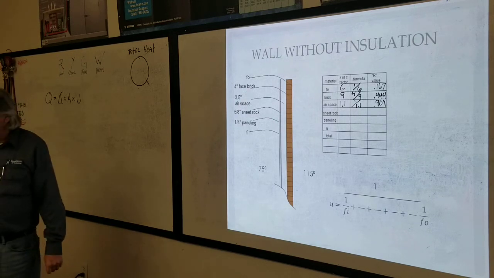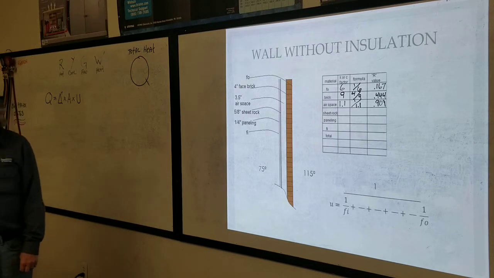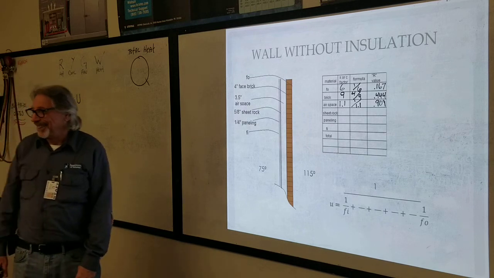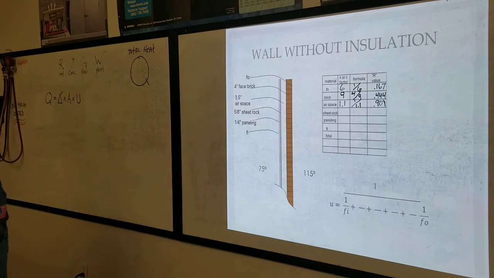That's what sheet rock's made out of, gypsum. So it has a K value, but it also has 5/8 inches. In case you didn't know, 0.625 is 5/8, 5 divided by 8.